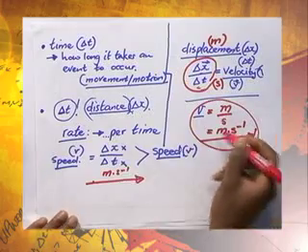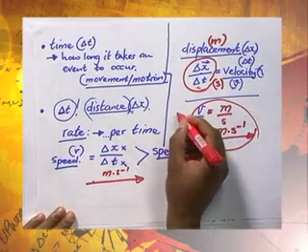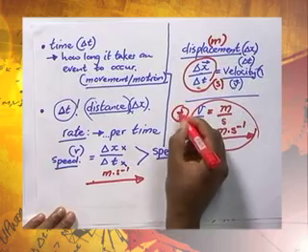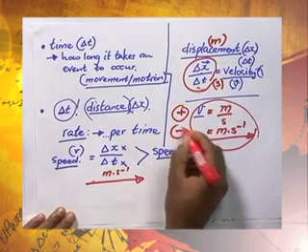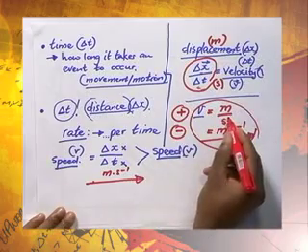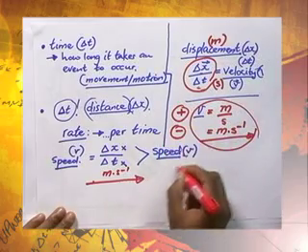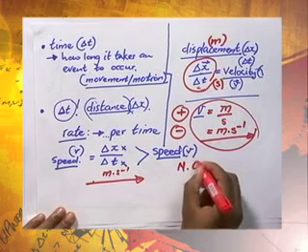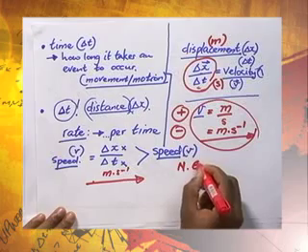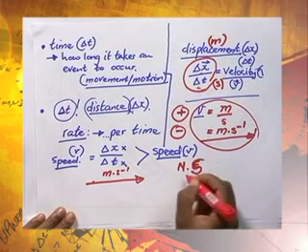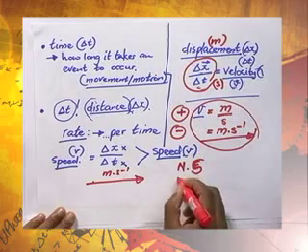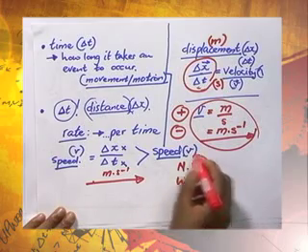Motion in one dimension, or along a straight line, can only go forward or backwards. So we can say that the direction can either be positive or negative, or forward or backwards, or north or south, west or east, things like that.